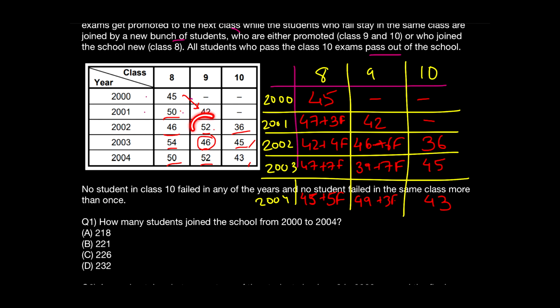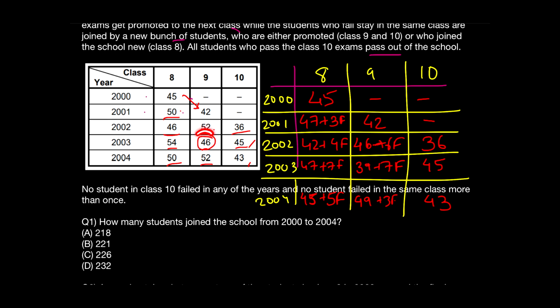So 45 from this data will give me 39 plus 7 failed, and because 39 are new joinees, so 39 will be the new joinees out of the previous year data, which is 46. So accordingly 7 failed over here, and then 47 because this is 54, and the same thing, 43 passed.